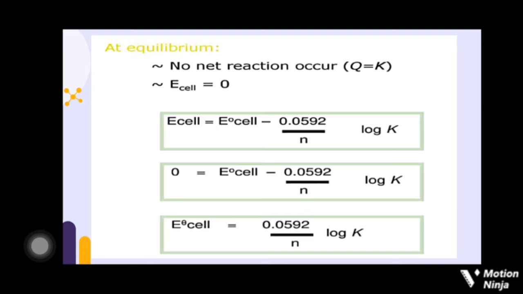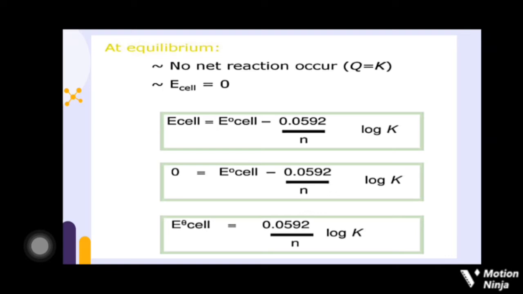Next, proceeding, we are going to use the Nernst equation already. So the Nernst equation formula is E equals E naught minus 0.0592 divided by the number of electrons involved in the reaction multiplied by the log of the reaction quotient.